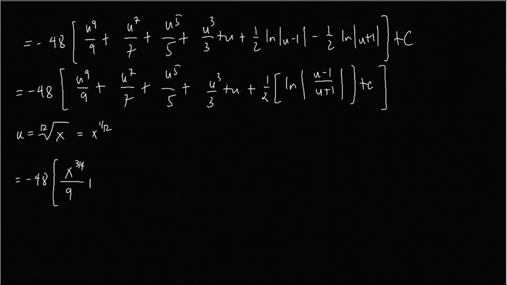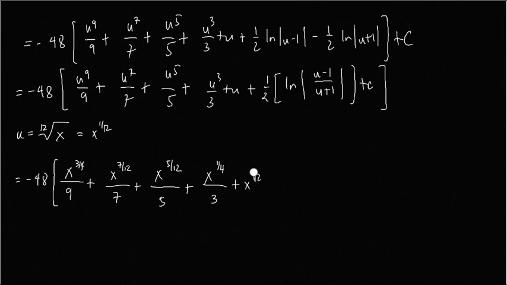Plus, u raised to 7 is x raised to 7 over 12 over 7. Plus, x raised to 5 over 12 over 5. Plus, x raised to 3 over 12, that is 1/4 over 3. Plus, x raised to 1/12. Okay, ayusin lang natin na.